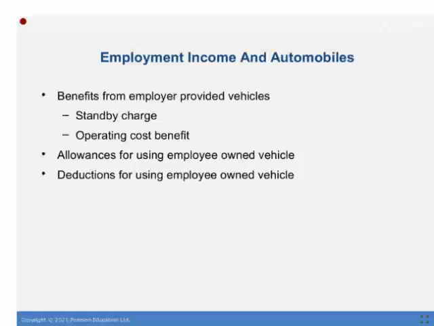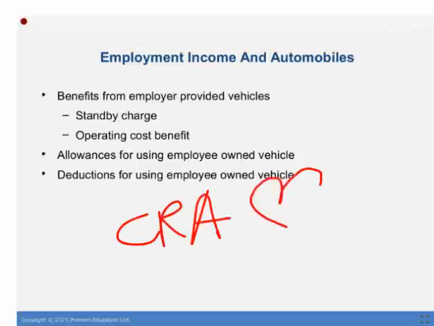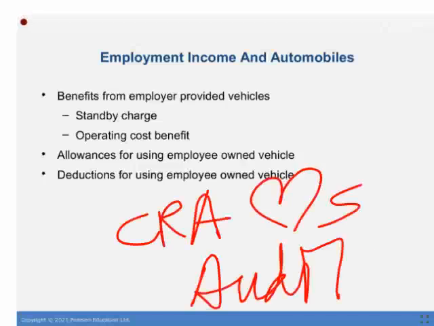In that case, we have to calculate a benefit. And this is a category, I will note, that CRA loves to audit, because they can find money there almost every time.